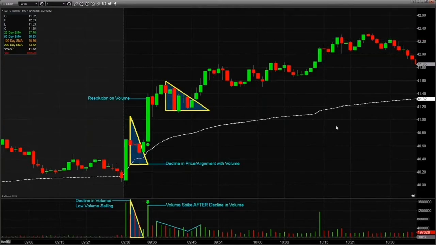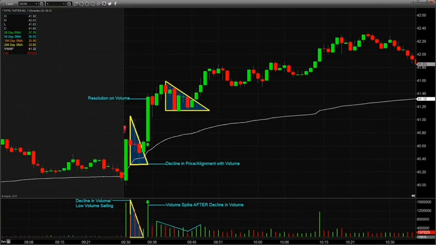So first off, what you see here on Twitter is you have this first move up right out of the open, and it's a strong move. You got a huge volume bar at the bottom, right here at the open, and you get this surge up, right? So really nice move to the upside here.